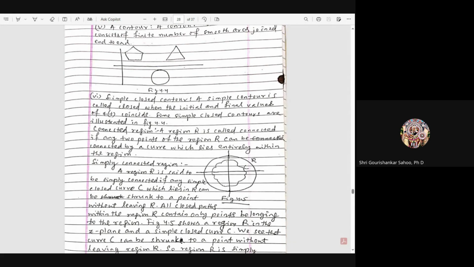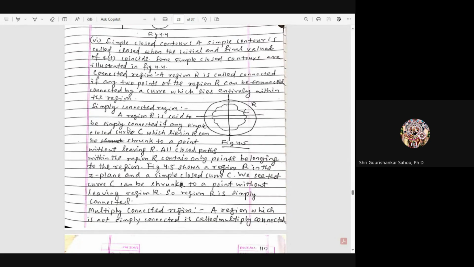So any 2 points in the region can be connected by a curve, and that curve lies within the region. So suppose R is a circle and you have points A and B. When you connect them and the curve falls within R, then it is called a connected region.